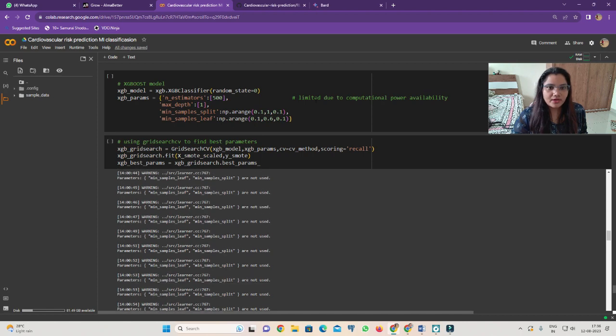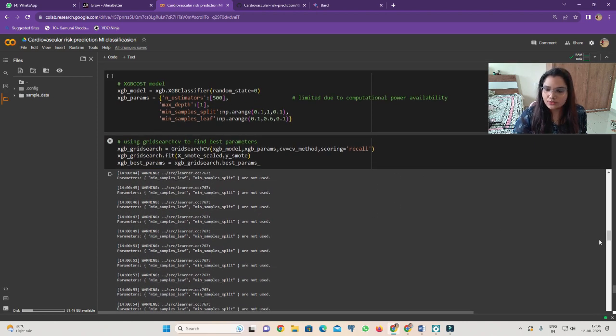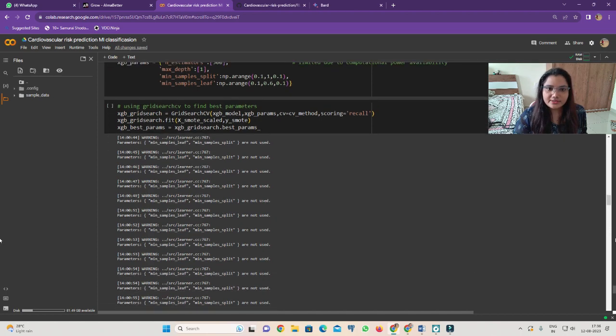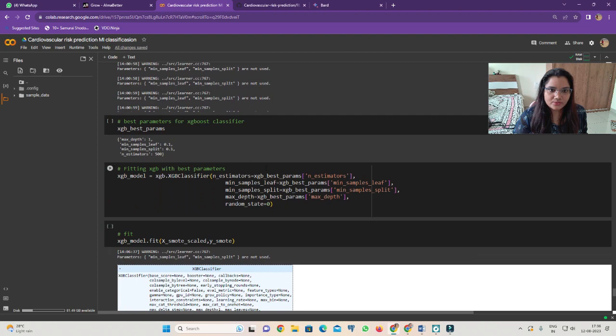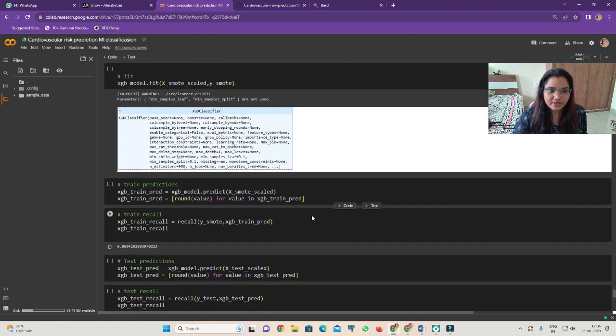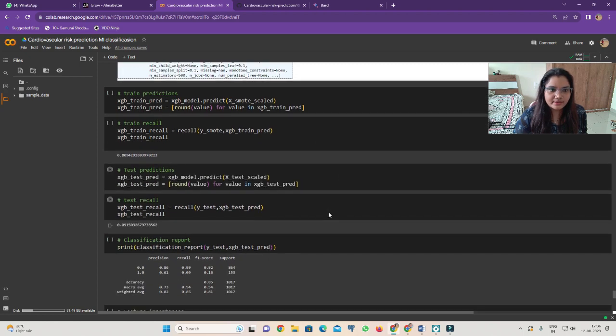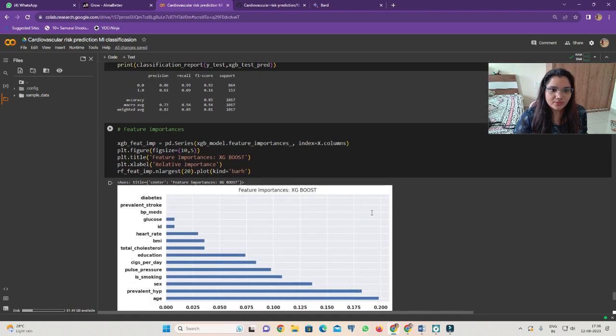Then we are going for XGBoost. So in XGBoost we are using grid search to find best parameters. Then we are getting fit, then train, then recall, then test, then classification report.